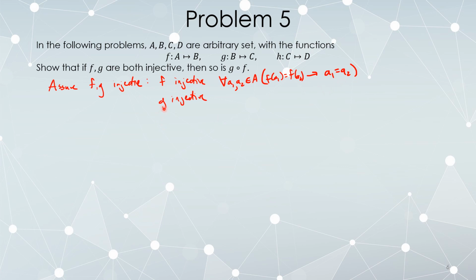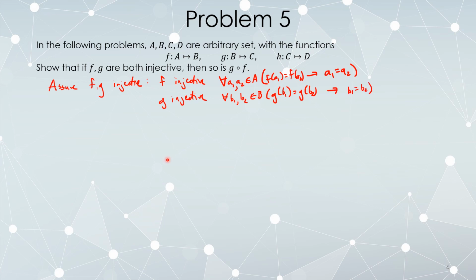And the fact that g is injective is pretty similar, but note, what is the domain of g? The domain of g is the set B, so to keep my notation clear, I need two elements from the set B, let's call them little b1 and little b2. If g of b1 equals g of b2, then b1 must equal b2.